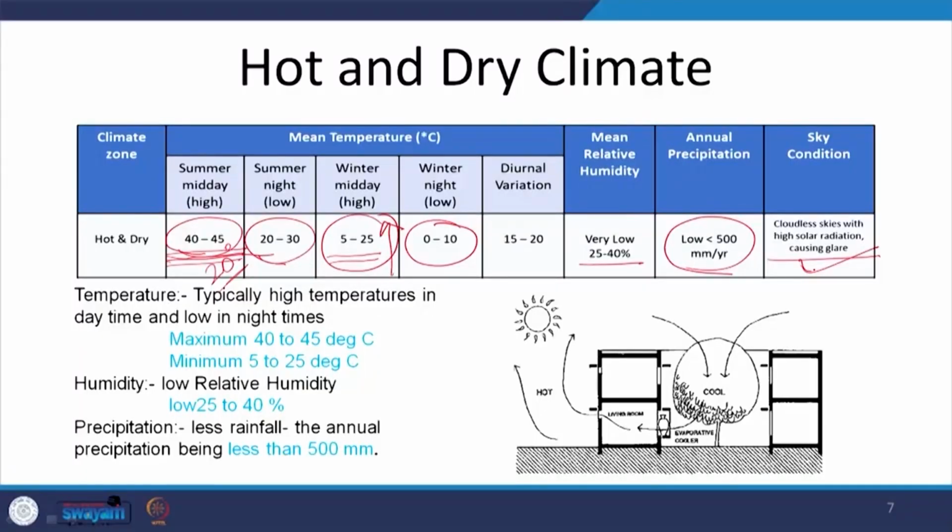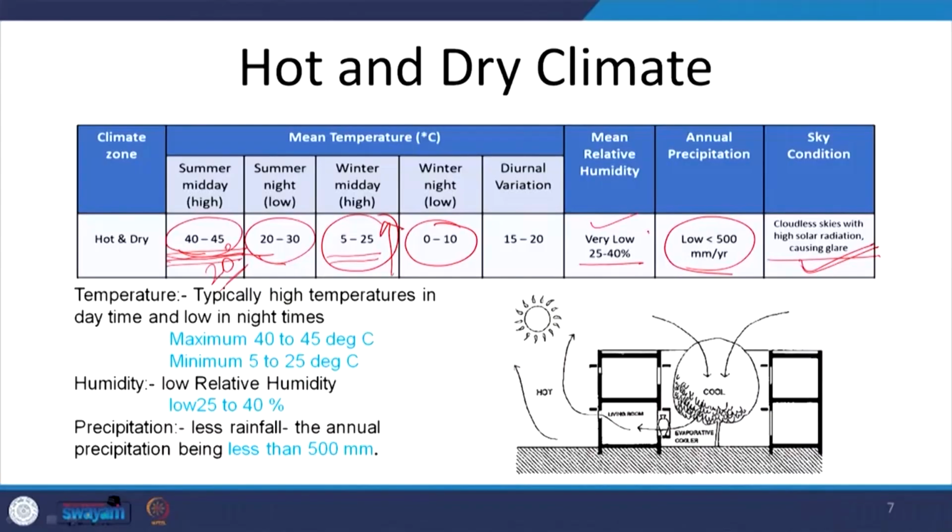The other physiological objective here would be to reduce the amount of direct solar radiation which is received by the building. So, how can we reduce the amount of direct solar radiation becomes a major concern, one of the physiological objectives.